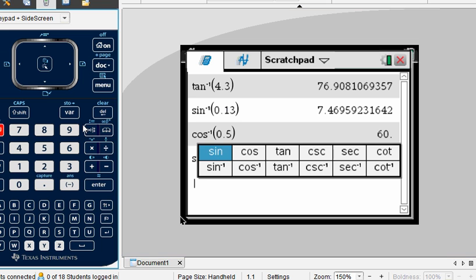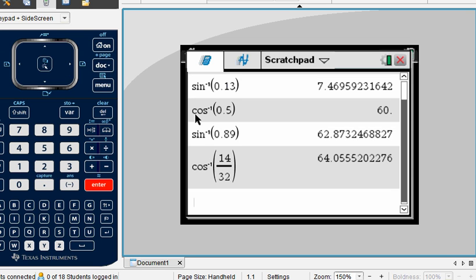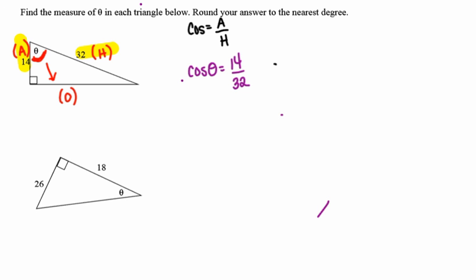So I'm going to use inverse cosine. I'm going to type in the fraction 14 over 32. And to the nearest degree, I find that my angle's measure is about 64 degrees. All right, so theta is about 64 degrees.